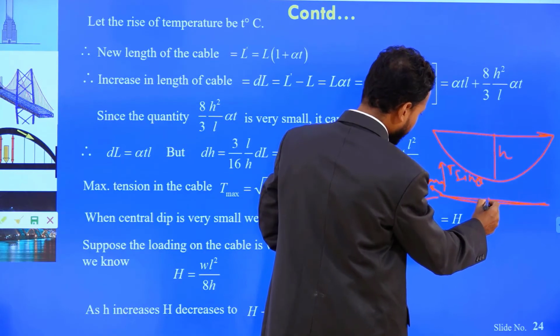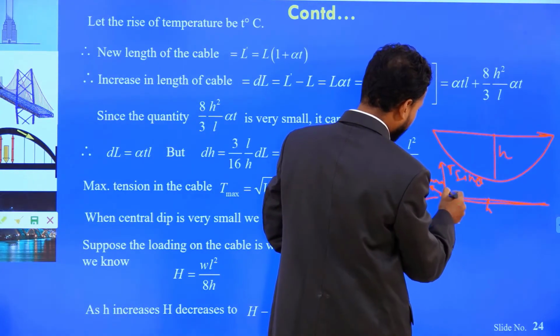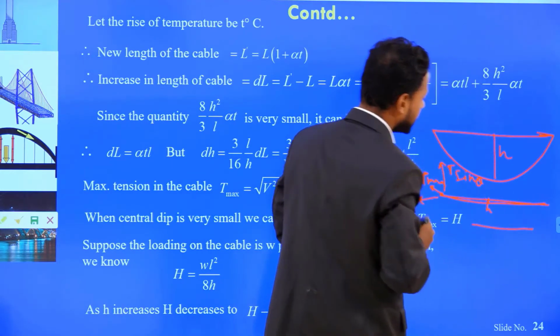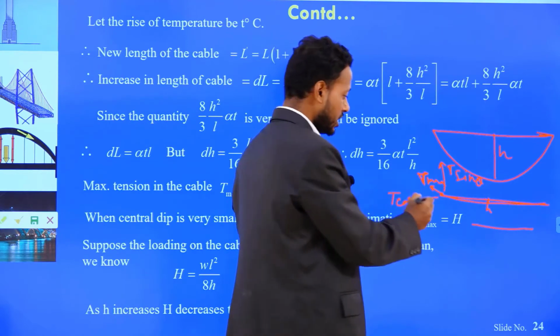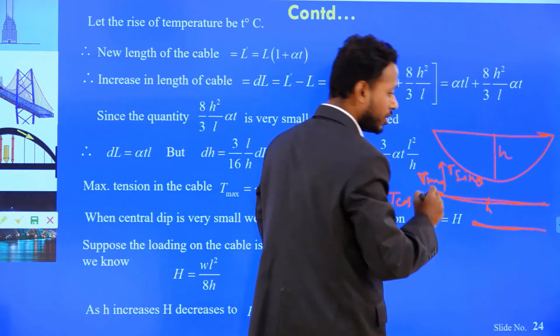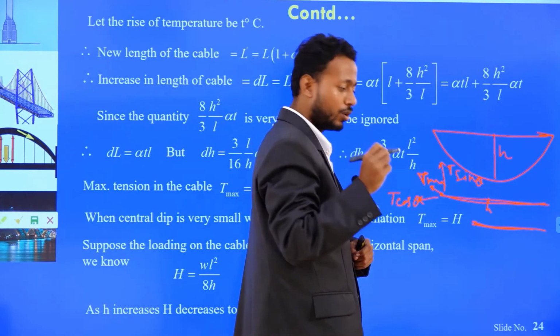As the deep is very small, the tangent of the cable will be parallel to the horizontal plane. If the tangent of the cable is on the same plane, the theta between that tangent and the horizontal plane will be 0.